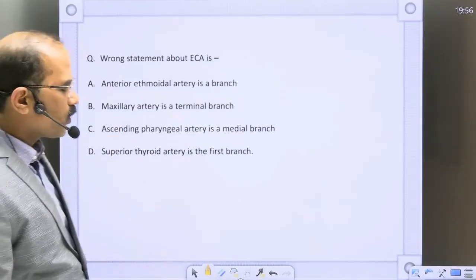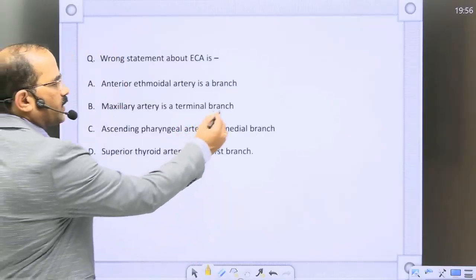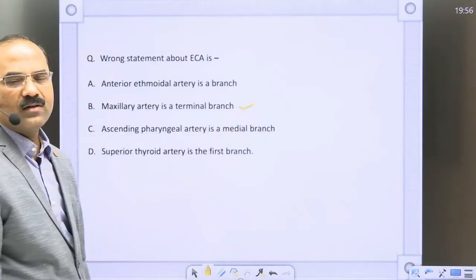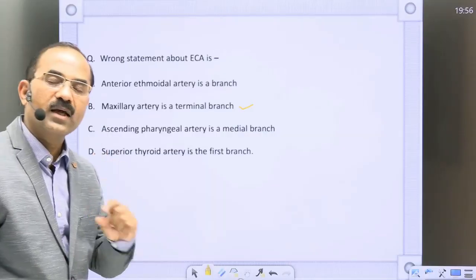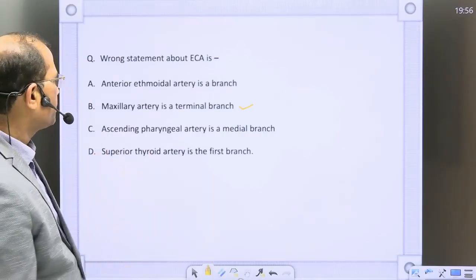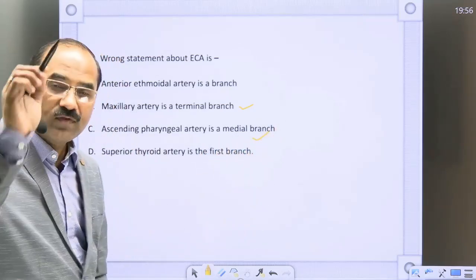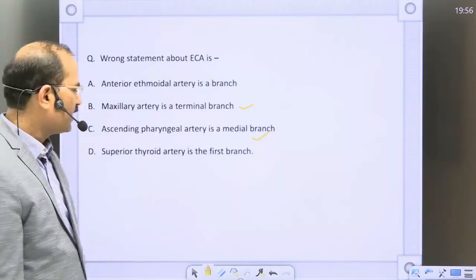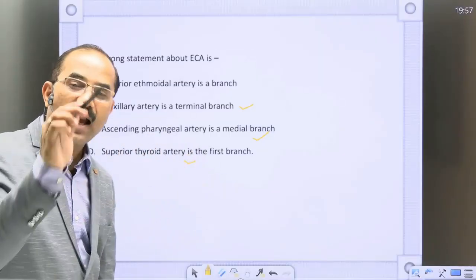Okay, answer this. Wrong statement about the external carotid artery. Maxillary artery is a terminal branch. Yes. The two terminal branches, maxillary artery and superficial temporal artery, are given in the parotid gland. Correct. Ascending pharyngeal is a medial branch, and that's also the first branch of external carotid. Correct. Superior thyroid artery is the first anterior branch.